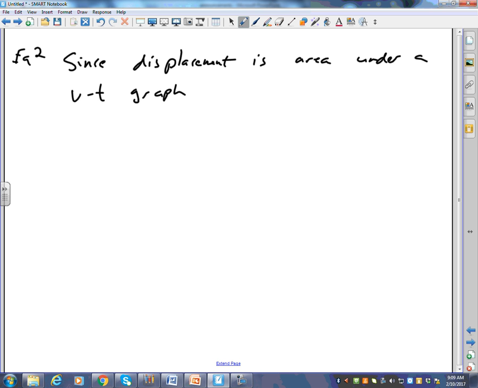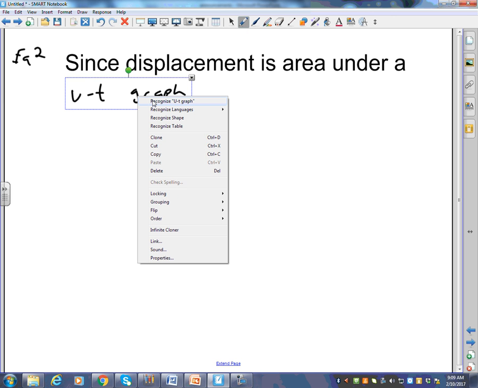Okay, since displacement is the area under a vt graph, almost.